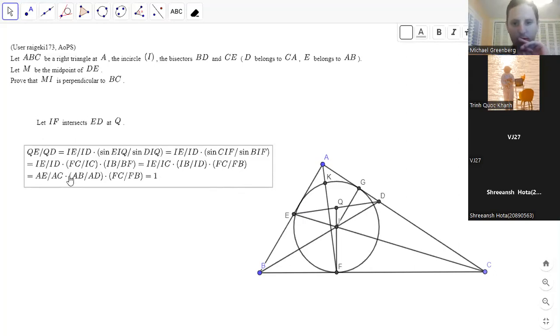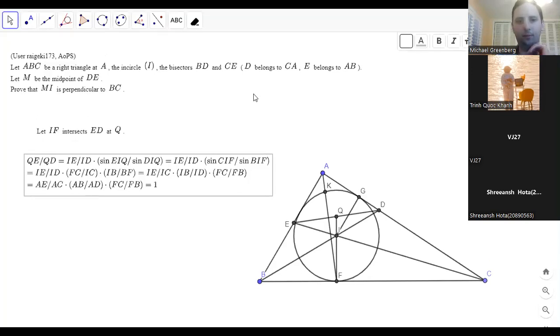So, okay. Is this last line obvious? Yeah, you just switch the order of everything.